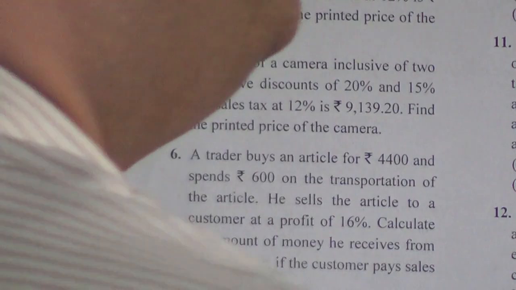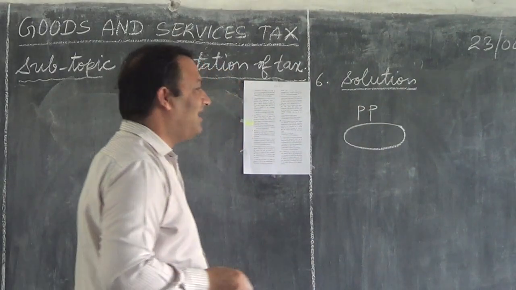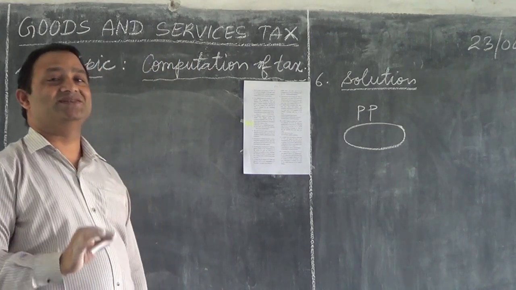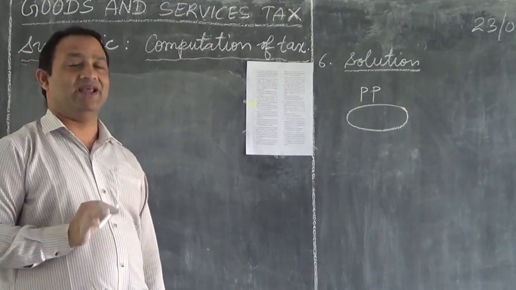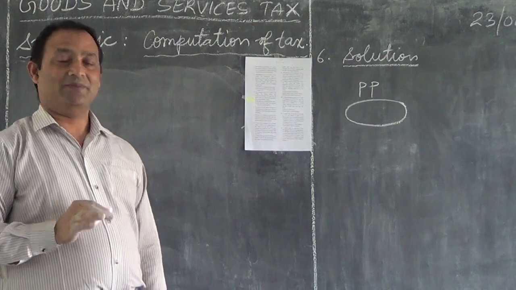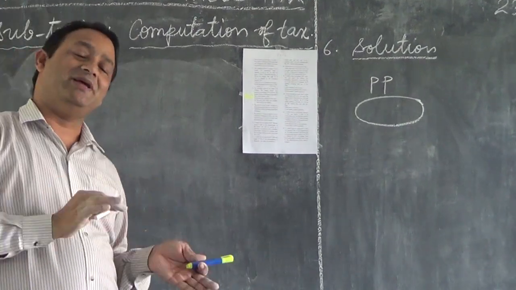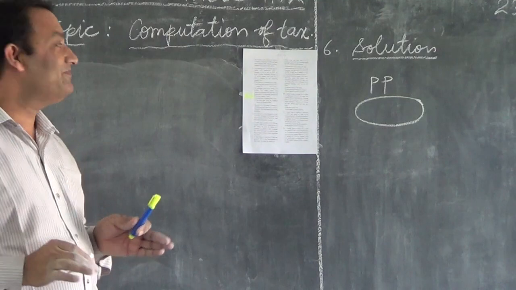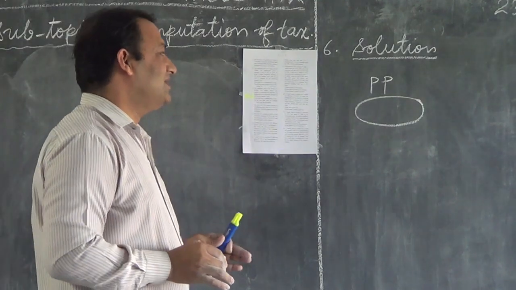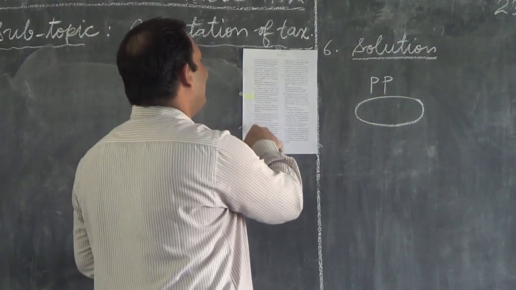So buys an article. This is purchase price. Remember children, purchase price is not the same as cost price. Of course, sometimes the purchase price and cost price are the same, but always it is not the same. So I wrote here purchase price.